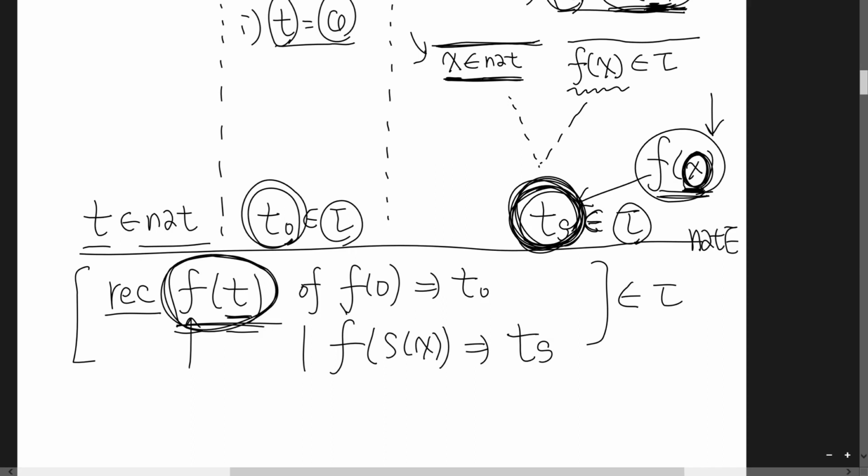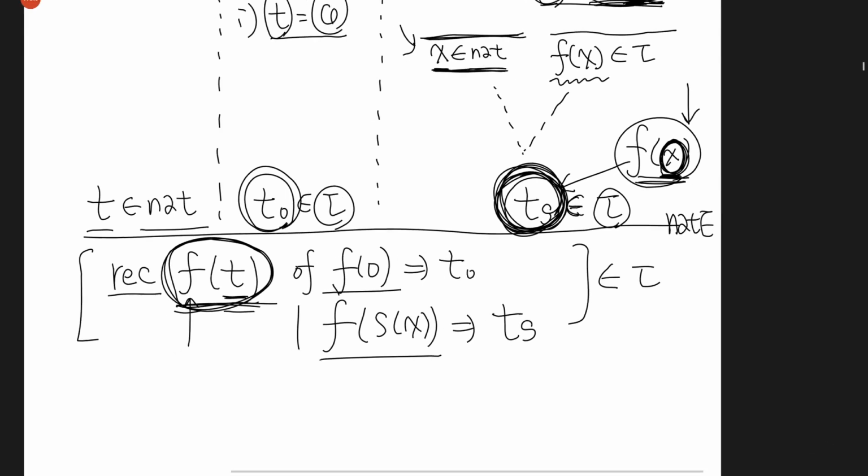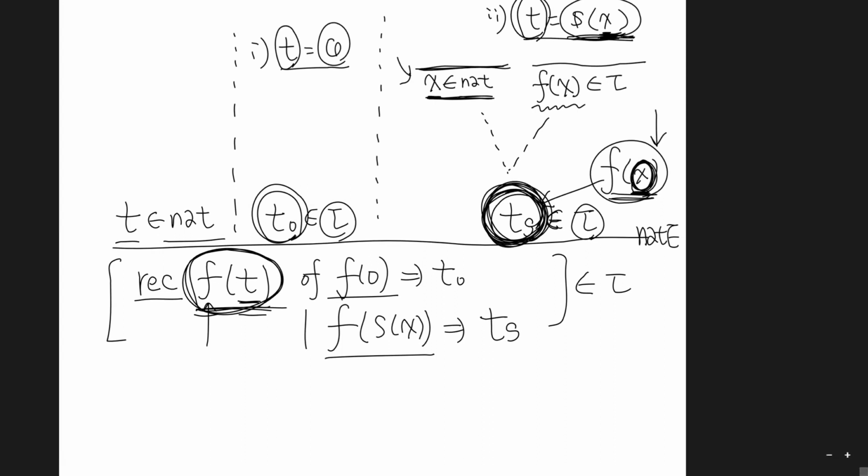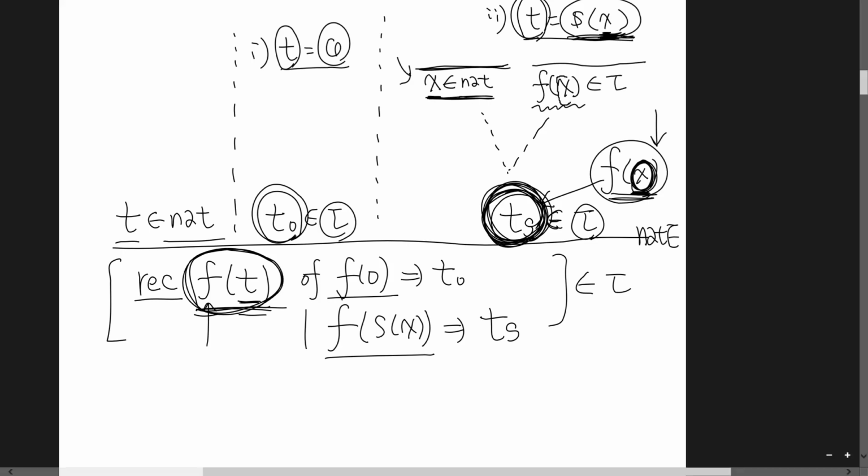So we are comparing this f of t against f of 0 and f of successor of x. And remember that inside this term ts, you may make another recursive call, but the recursive call must be made with this argument x, which is strictly smaller.